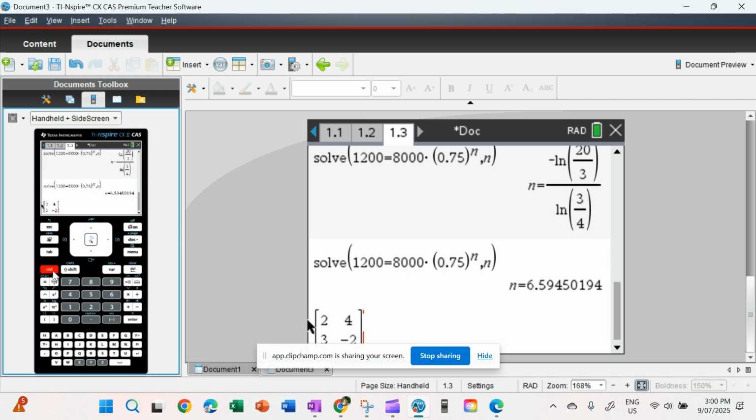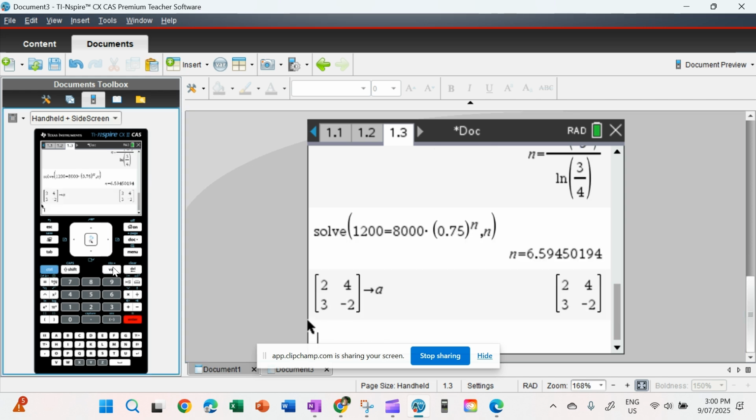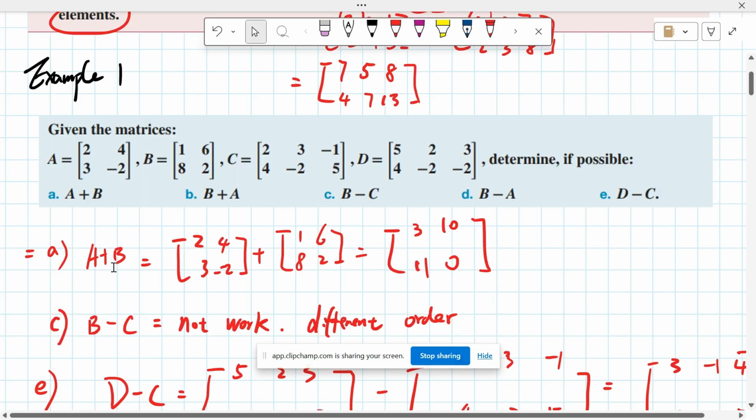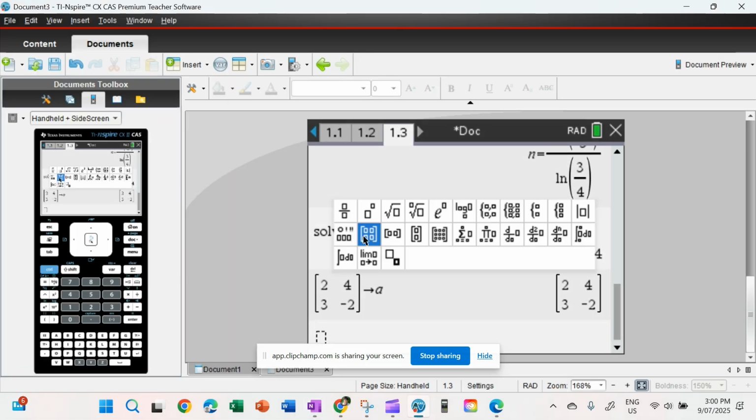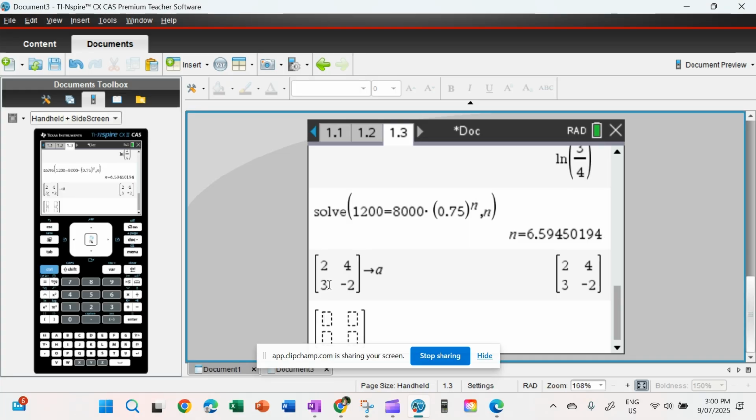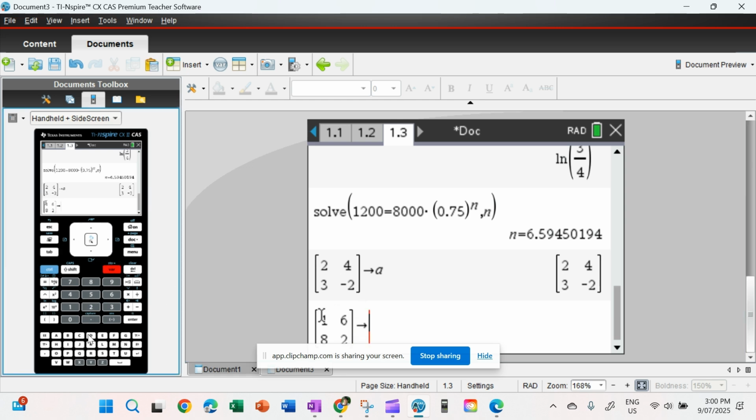Outside the matrix, the control variable is A. B is 2 by 2 as well, so we say 2 by 2, and then store it as B.